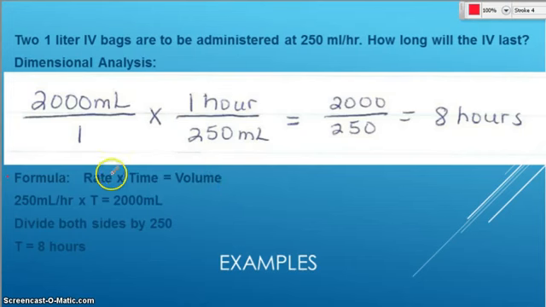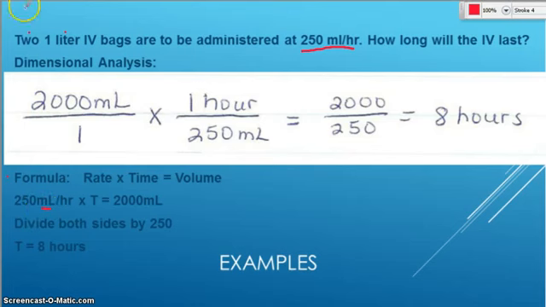Rate is how fast does it flow. So in this problem, the flow rate was 250 milliliters per hour. The time is what we're looking for, and the volume in this case is 2 1-liter bags. Remember, we said we had to have our units of measure the same. So we had milliliters here.